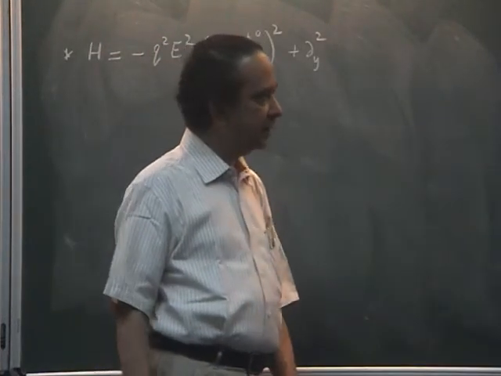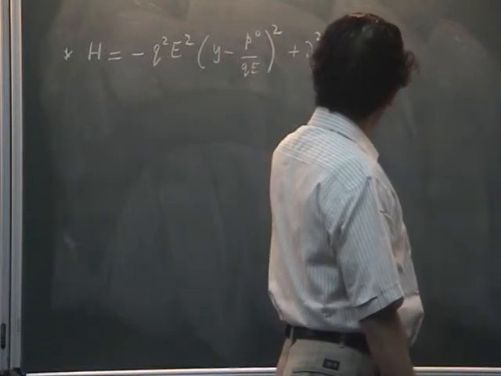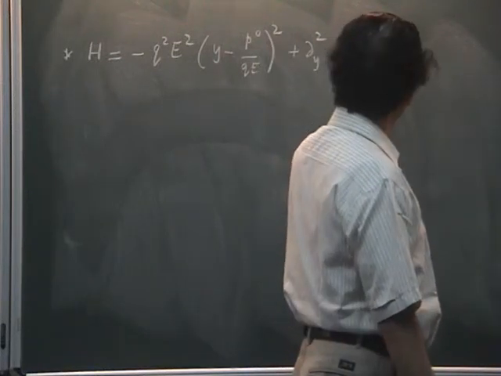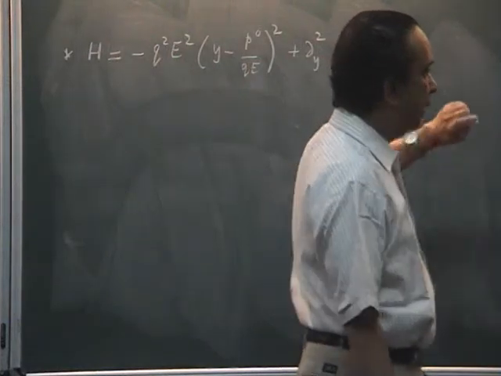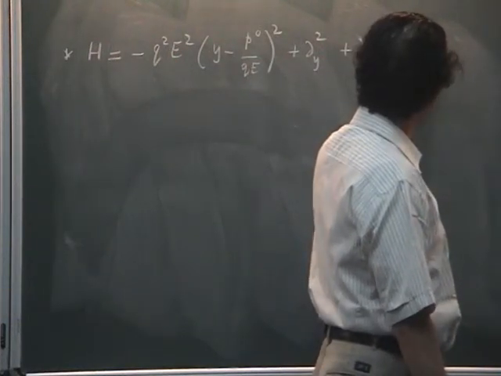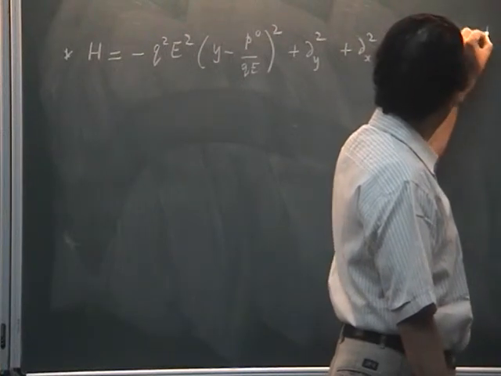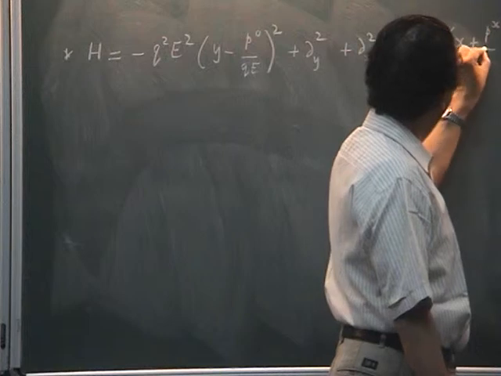Then I have another term which is plus dx square minus, there is a q square b square into x plus px upon q.